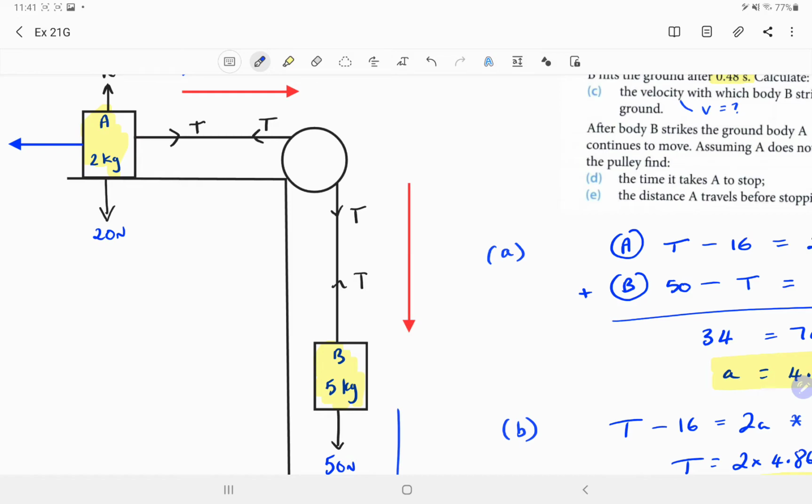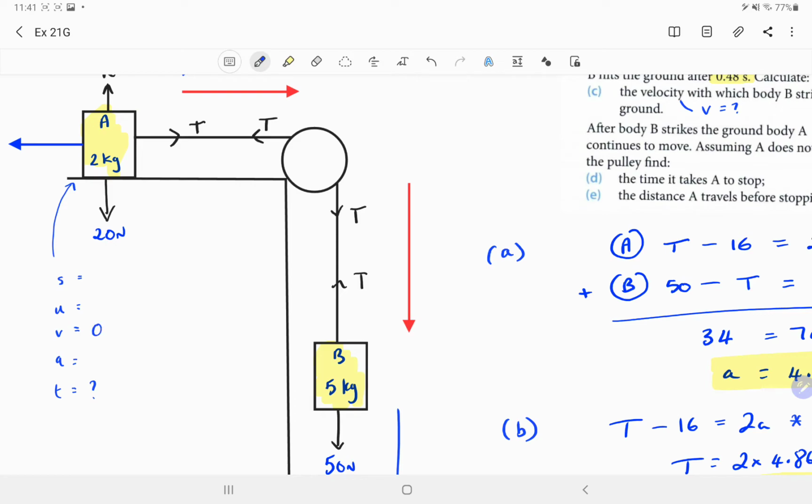Now we are asked for the time it takes A to stop. So just looking at object A and thinking about object A, we start to think about suvat, and we're talking about the time it takes for it to stop. So time is what we're looking to find out. Whenever it stops, the final velocity is 0.